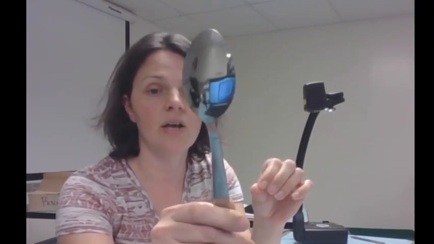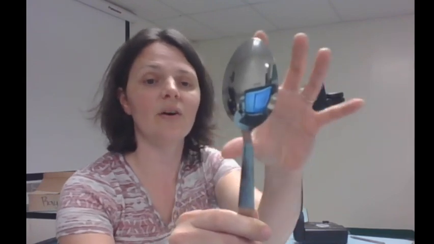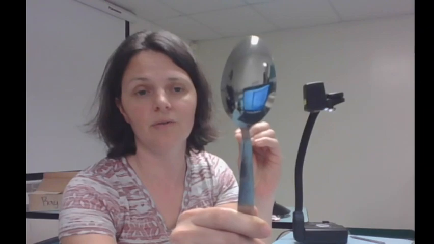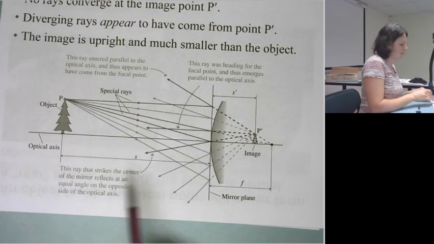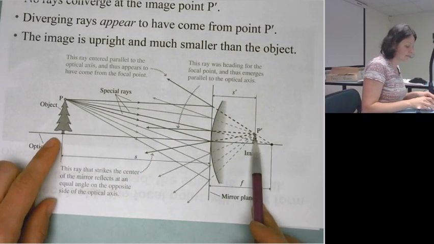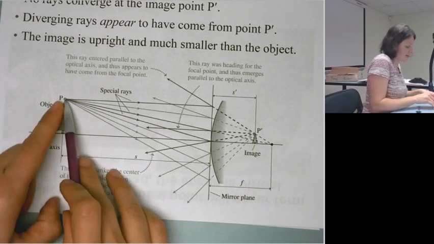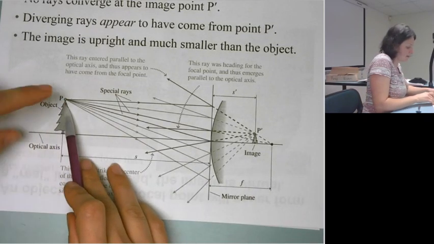So somehow what we are looking at is a diverging packet of rays that only appear to be coming from a spot. They aren't really coming from that spot. So a convex mirror always makes a virtual image. Here are the rays that are coming out of this tree.